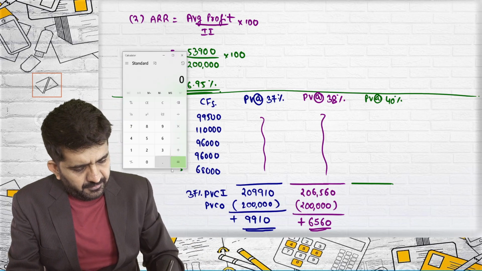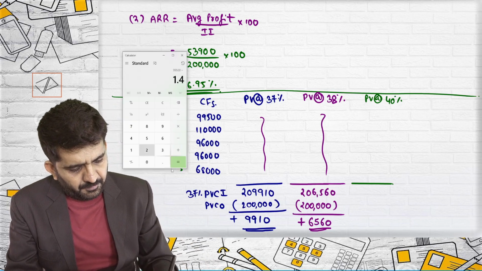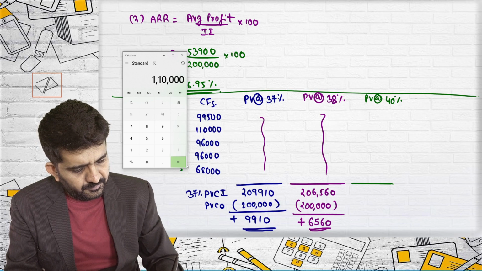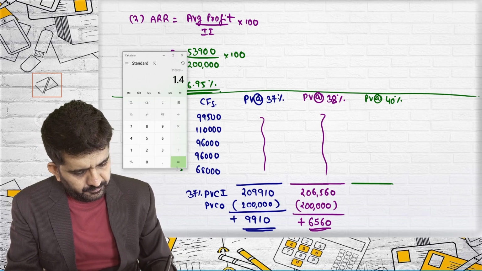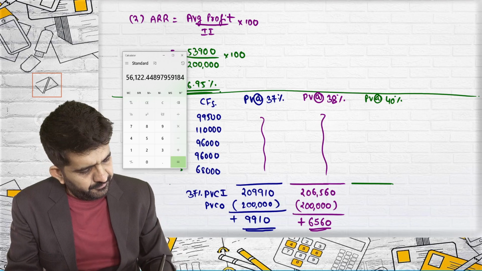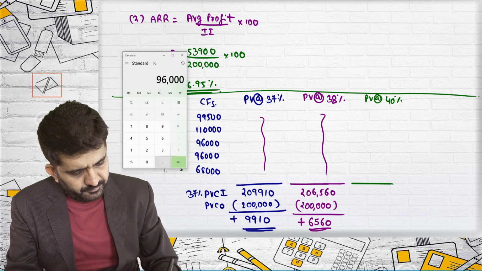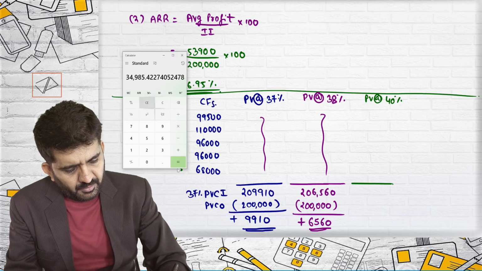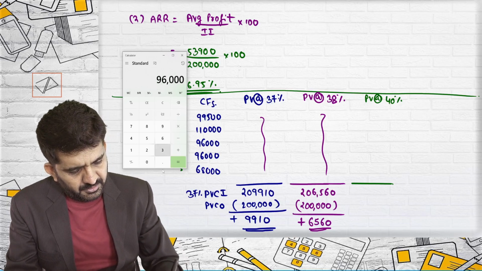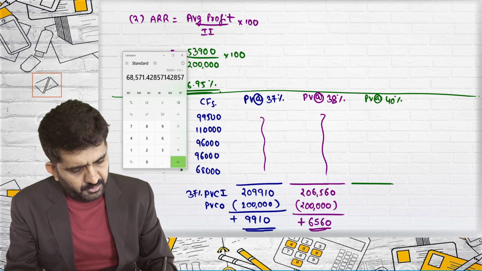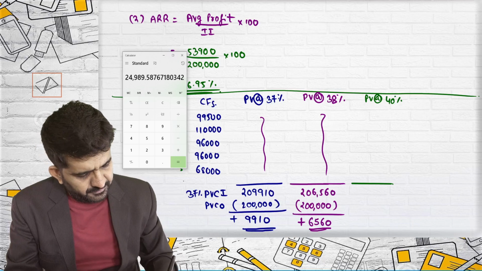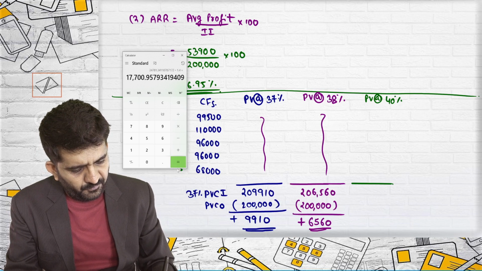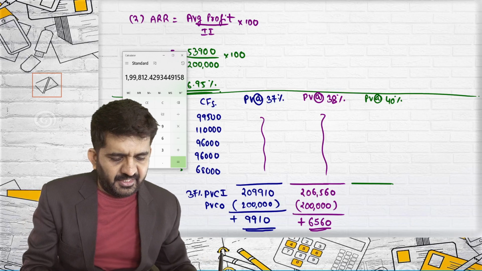Present value of cash inflow will be 99,500 divided by 1.4 M plus, 1,10,000 divided by 1.4 M plus, 96,000 divided by 1.4 M plus, 96,000 divided by 1.4, 1 2 3 4 M plus, 68,000 divided by 1.4, 1 2 3 4 5 M plus. MRC is 199,812.